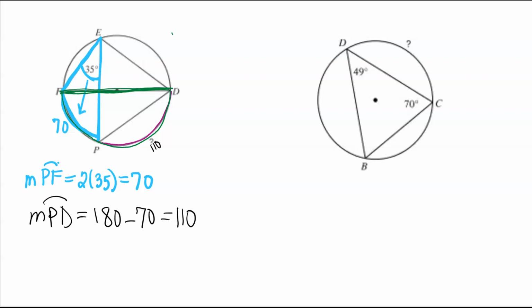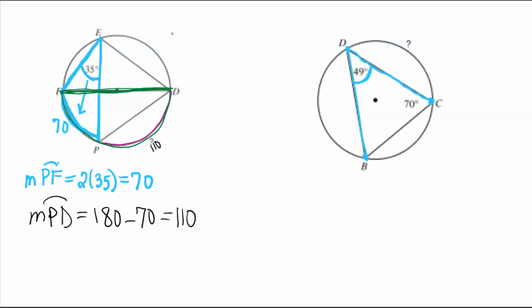Now this next one. There's a shape inside of this circle. It's a triangle. Now each vertex of the triangle is on the circle, which means we have 3 inscribed angles. This first one here is 49 degrees.